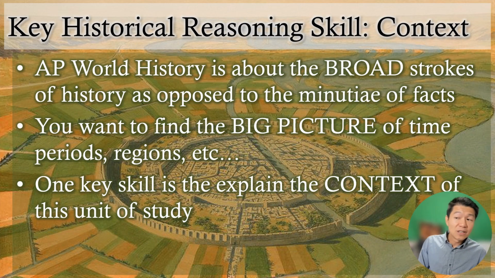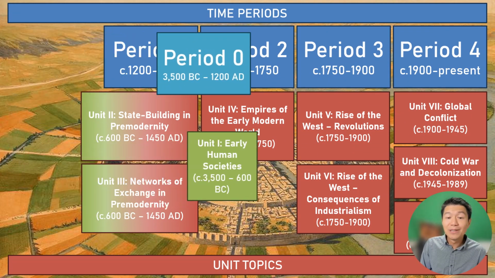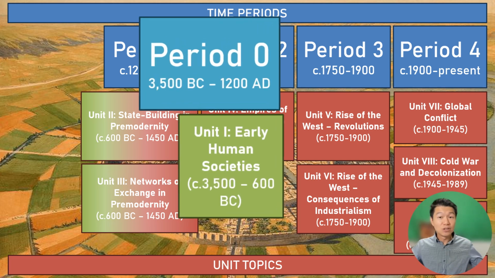From the contents of these last few slides, what I want you to do now is to generate context, an explanation of this unit that we just discussed here. So in other words, period zero, the early human societies, we have just generated some broad strokes as to what this unit is about.